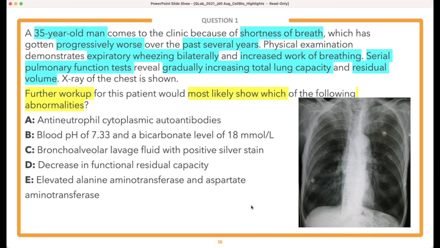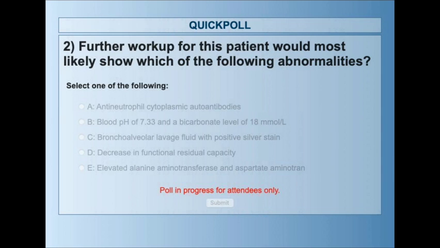C, bronchoalveolar lavage fluid with a positive silver stain. B, blood pH of 7.33 and a bicarbonate level of 18. And A, anti-neutrophil cytoplasmic autoantibodies. So we're going to go ahead and open up that poll. Go ahead and select the answer choice you think is the best answer. We'll talk about it in just a few seconds.